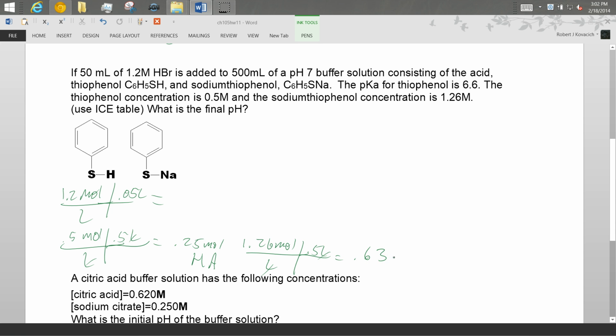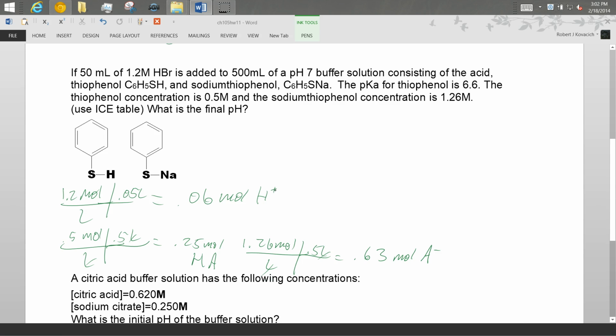0.63 moles of the anion, and then what do we got up here? 0.06 moles of what? Basically H plus. Why don't I say HBr?